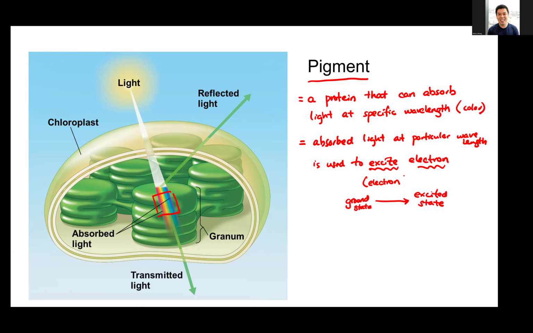Ground state has a lower energy. If it gets excited, it will have a higher energy. Essentially, the electron gains energy from light, and that's why it gets excited. For the spectrum of light, if it doesn't get absorbed by the pigment, it will get reflected. Reflected lights are essentially lights that do not get absorbed.